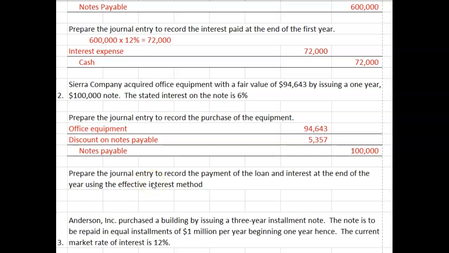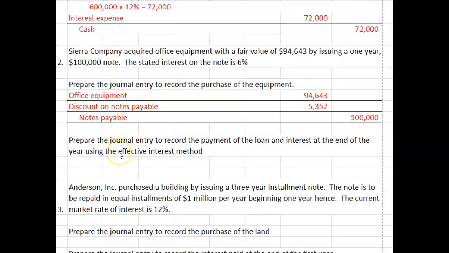So before we can prepare this journal entry, we need to go through a number of steps to calculate the effective interest rate. I think this is really cool. So let's work through those steps together.